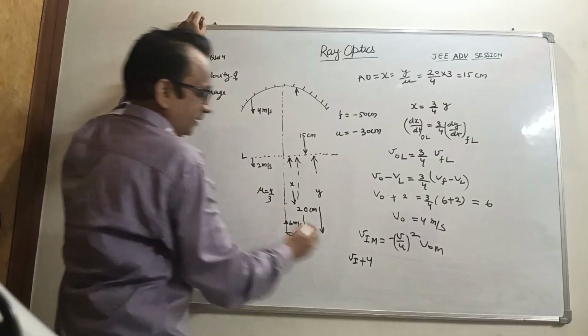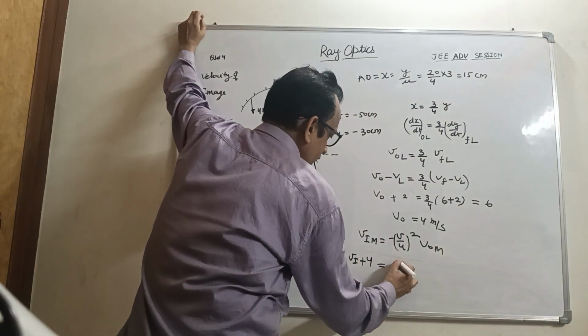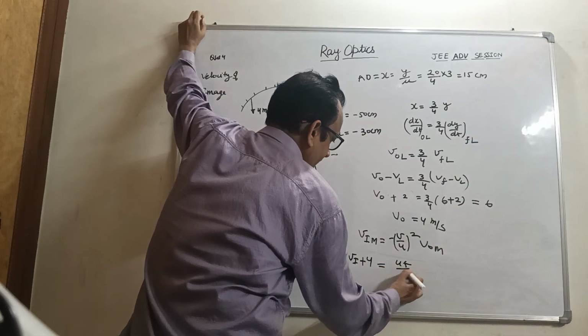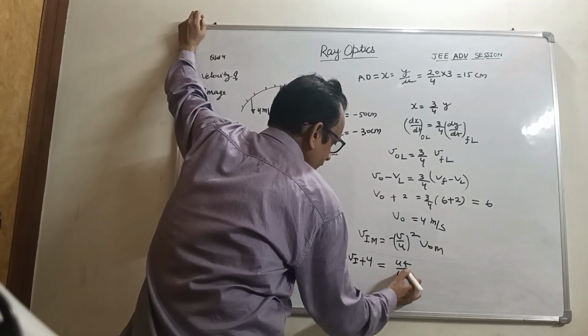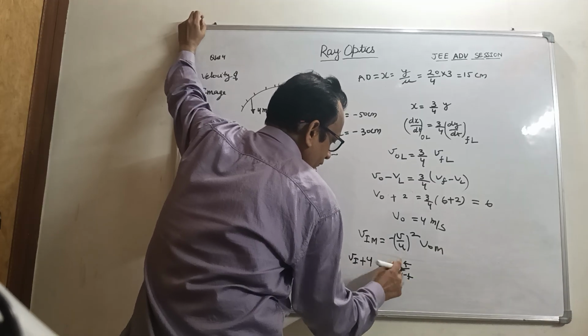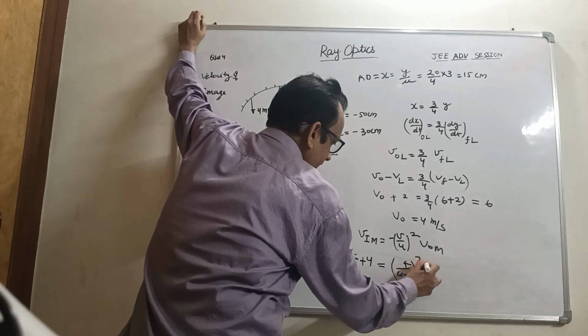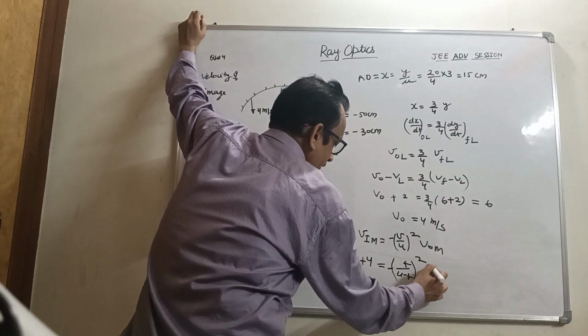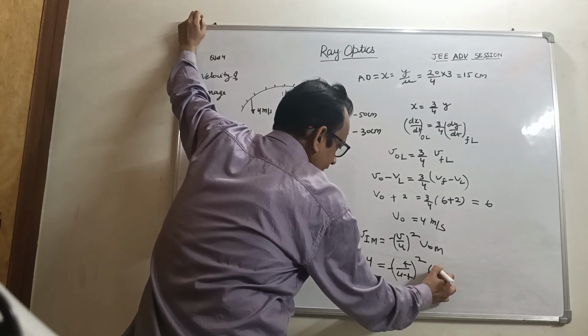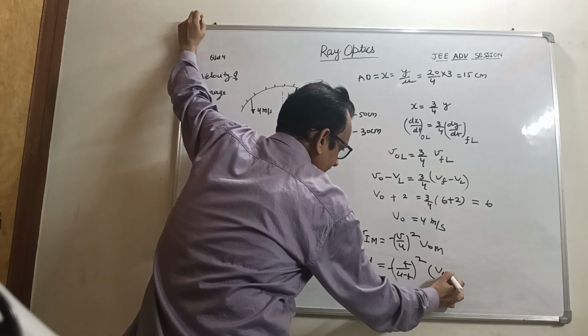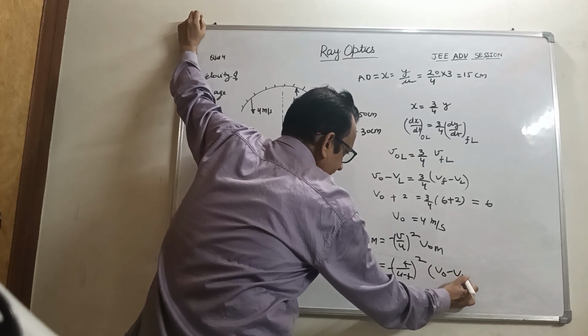This is downward, and v is equal to uf upon u minus f. So u cancels out, so this becomes f square, and velocity of object plus velocity of mirror, minus velocity of mirror.